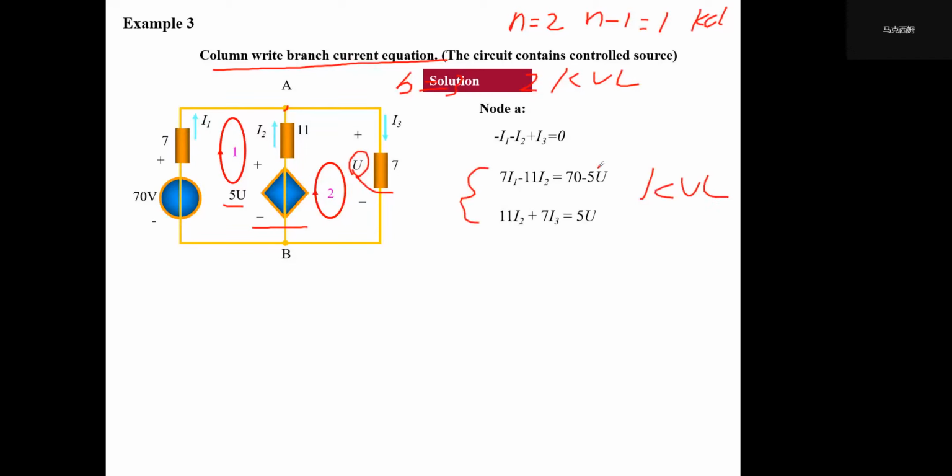And then we have 4 unknown variables and 3 equations. So that's not enough to solve this problem. We have to find an extra equation to solve the unknown variable 5U.